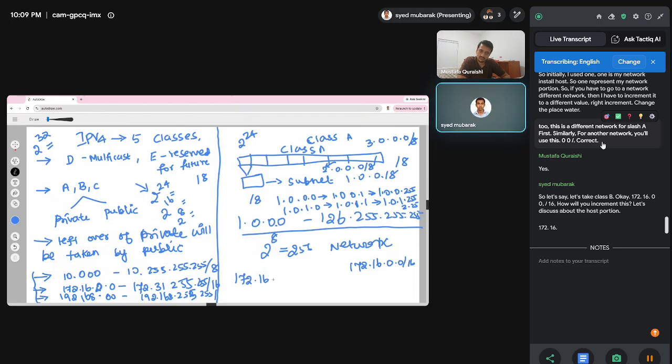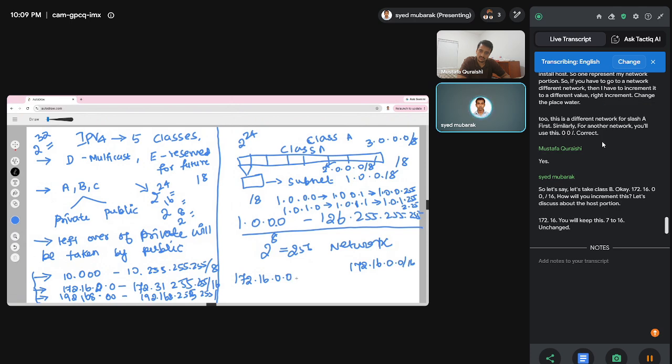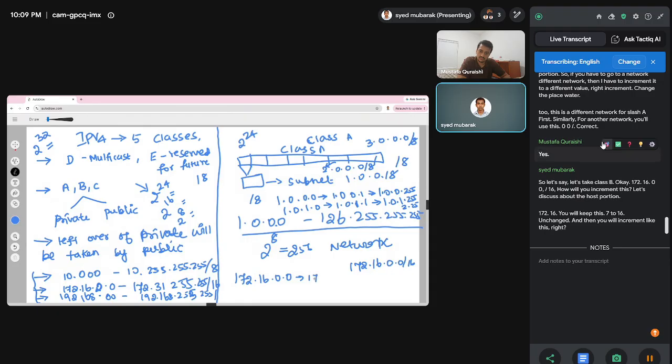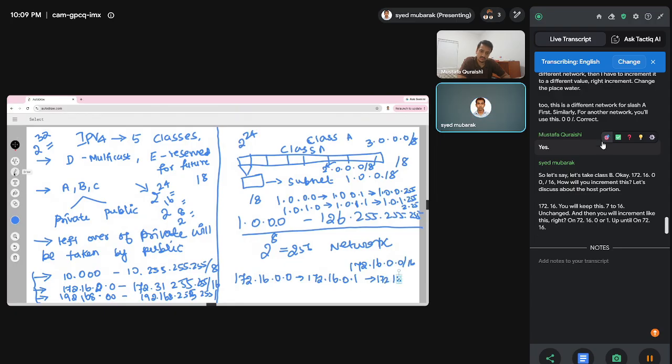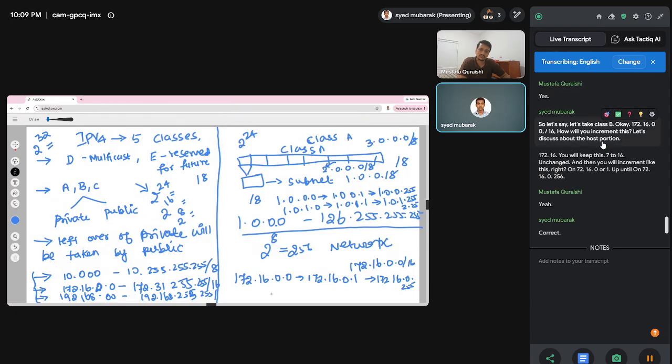You will keep 172.16 unchanged, and then you will increment like this: 172.16.0.1 up until 172.16.0.255. Correct.